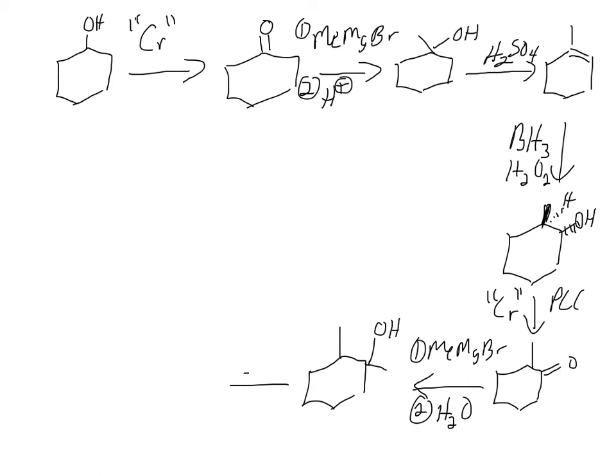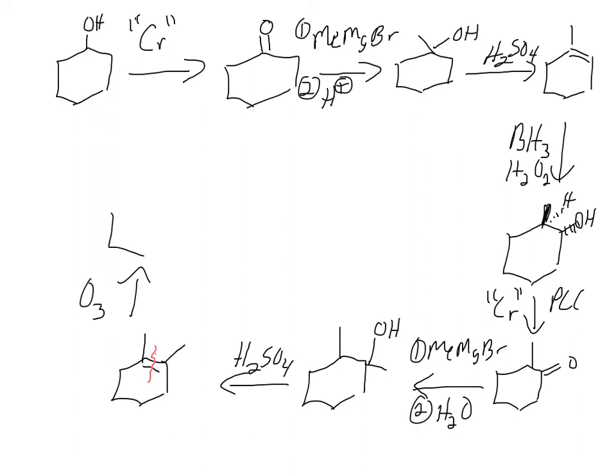They're saying H2SO4 again. Now, which way do you think it's going to go? What kind of alkene are we going to make? You need an elimination. We'll make the most substituted alkene we can. There we go. And now it says you're going to add O3. Well, what does O3 do? O3 clips down the middle, right?